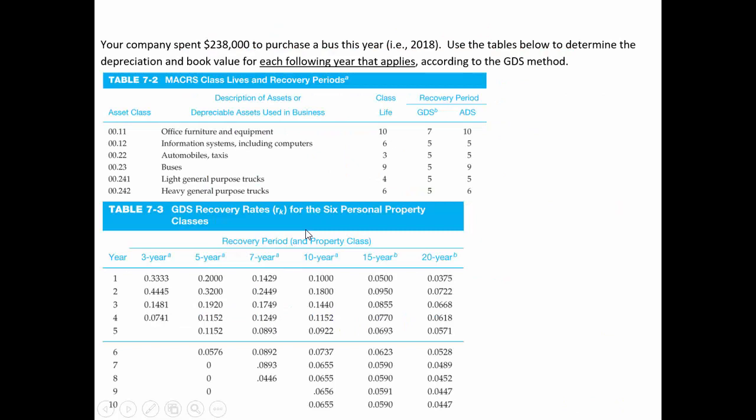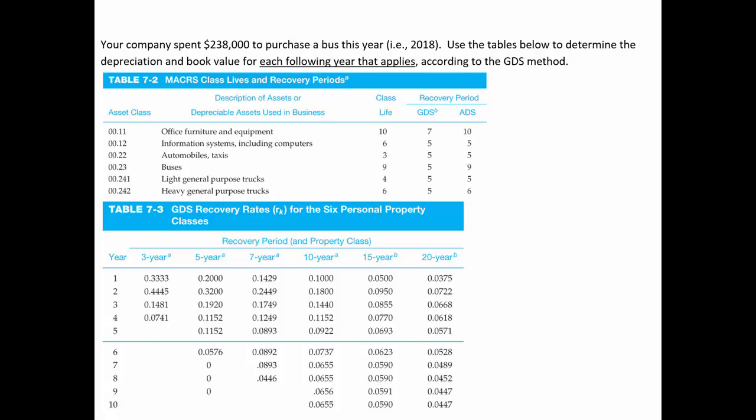All right, so on the in-class exercise, on the third page that you've got on the paper, we start off with a description of the situation. It's a bus, where you spent $238,000 to purchase a bus, and the important thing about it being a bus is that it will tell you which category to use for the recovery period.